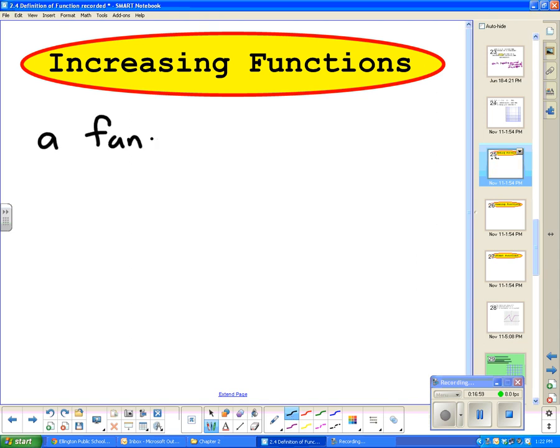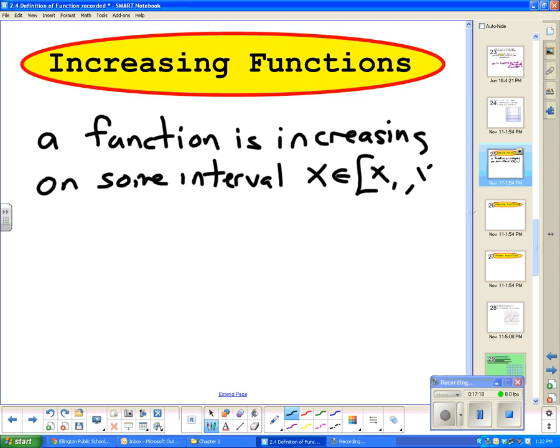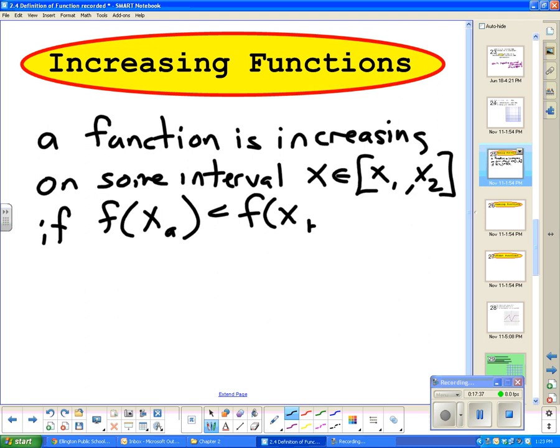A function is increasing on some interval, and let's define the interval from x sub 1 to some x sub 2, if f of x sub a is smaller than f of x sub b for every x sub a being smaller than x sub b.